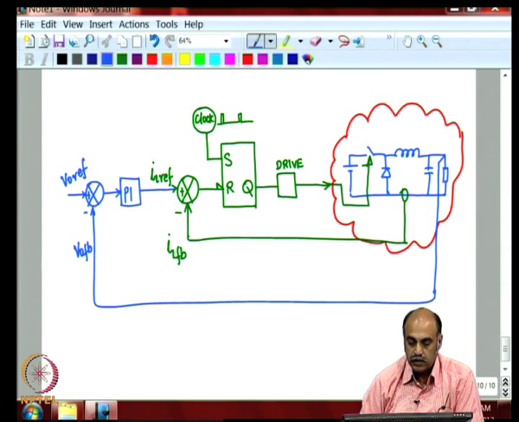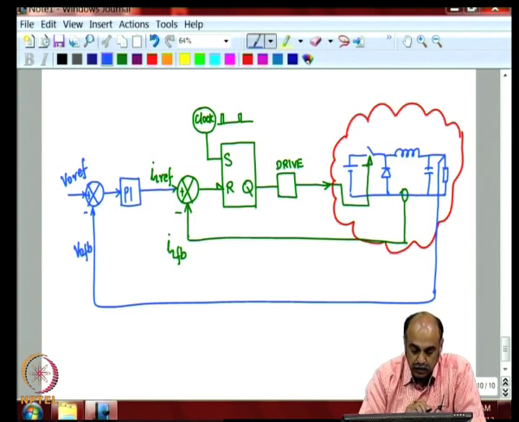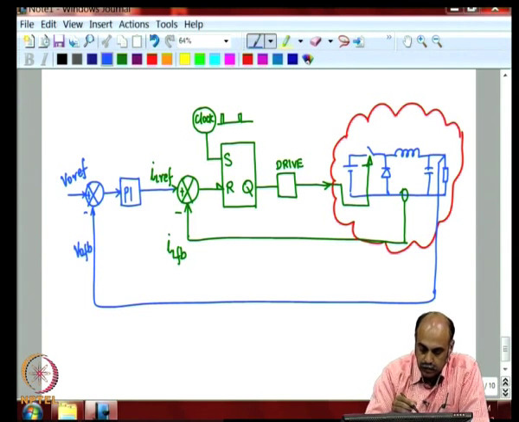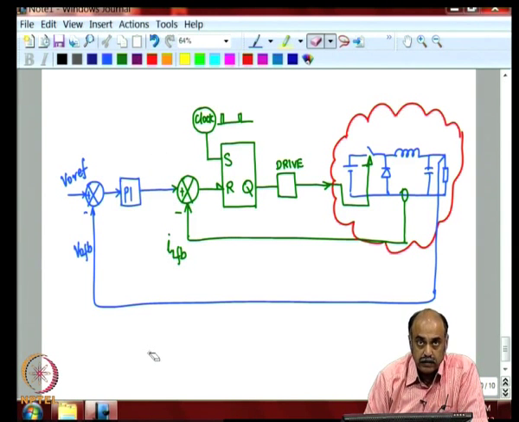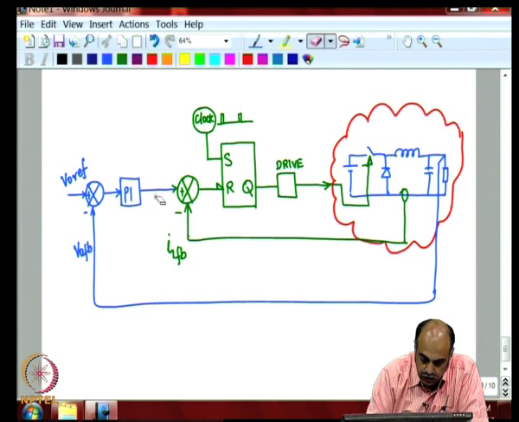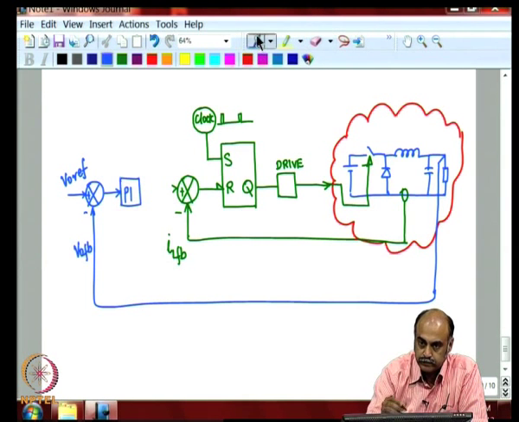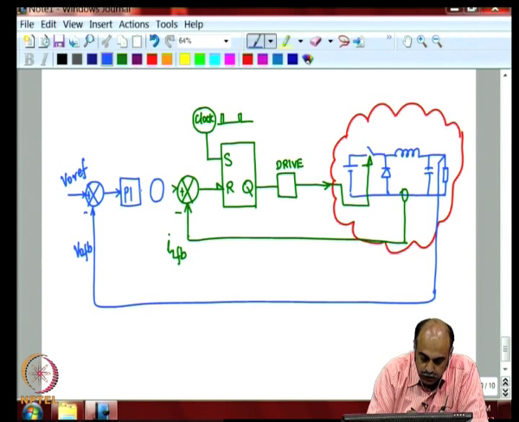So, this would be the total schematic, but now here we are making that modification of giving slope compensation. So, let us say the IL reference is getting changed slightly. We shall put one block just before and then add. So, this is plus and this is also plus.